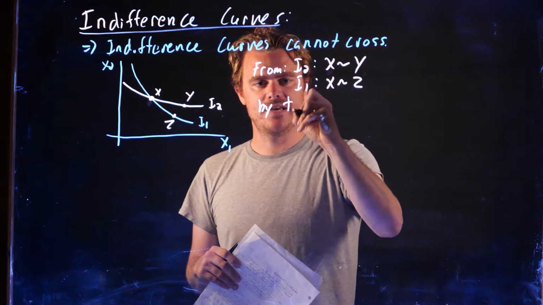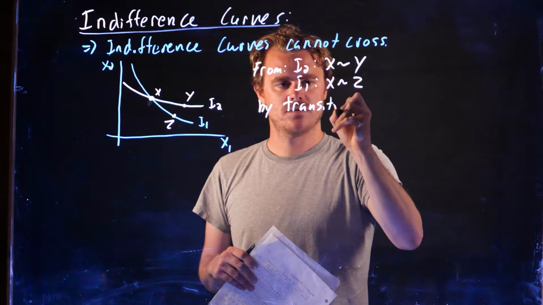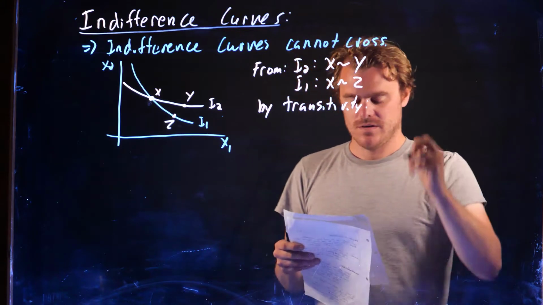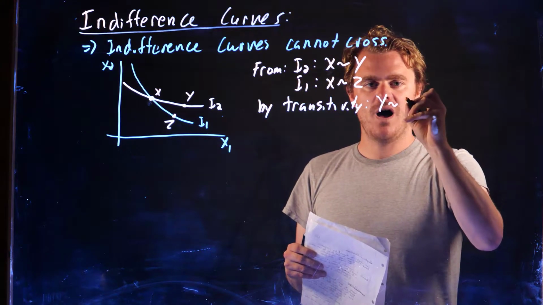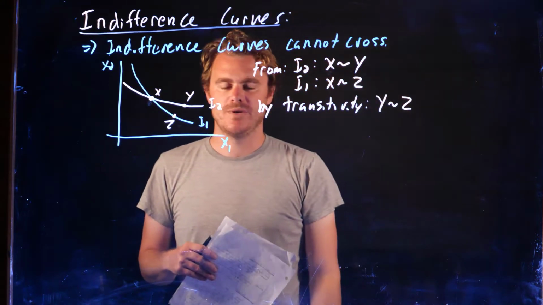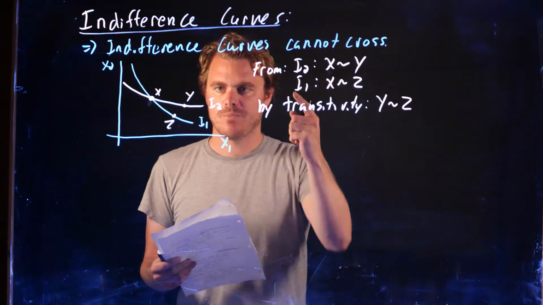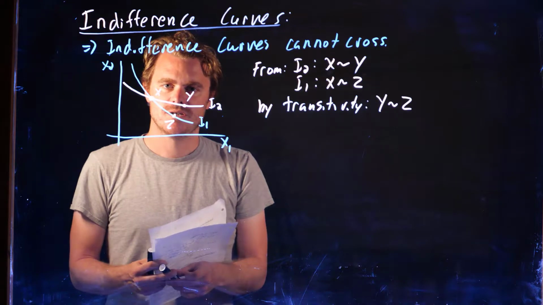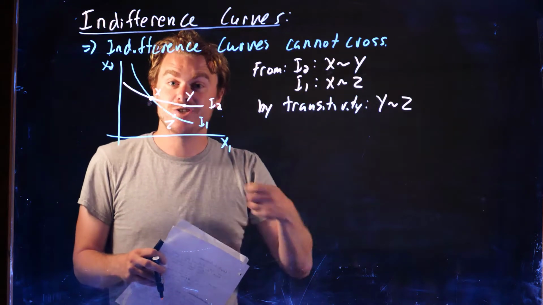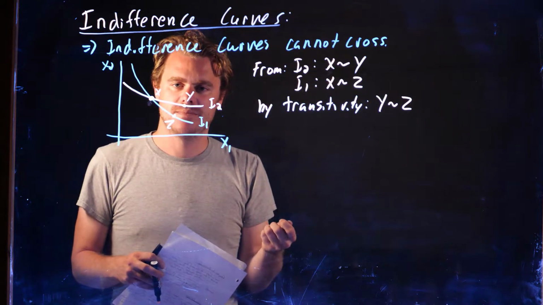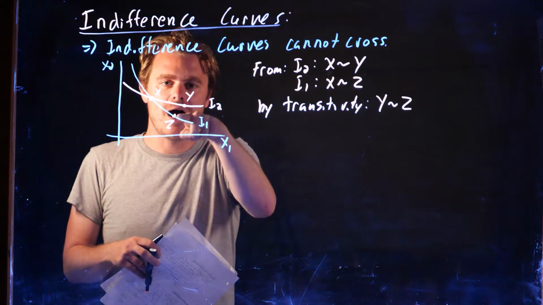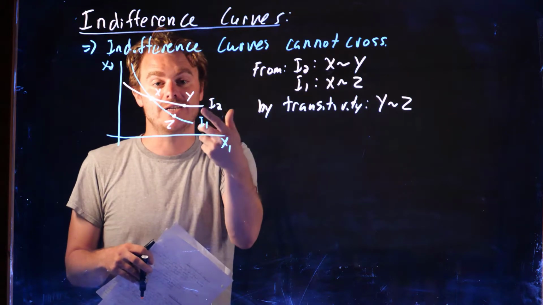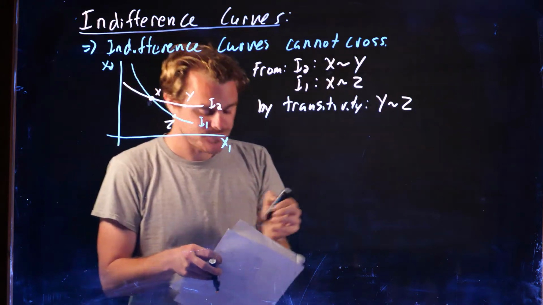By transitivity, that means the consumer is indifferent between bundle y and bundle z. But the problem is here that they're not on the same indifference curve. So by definition, the consumer can't be indifferent between them. And in fact, bundle y has more of both goods than bundle z. So if we're talking about goods, then that's also an issue.